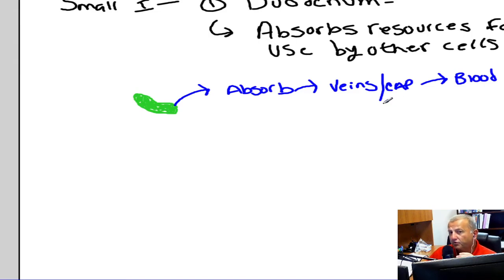This is a nutrient part. Now it's going to need a little help in this area. Would you expect this stuff right here to be real acidic? It is. It's very acidic because it just came out of the stomach, right?